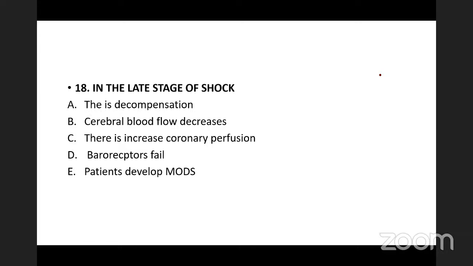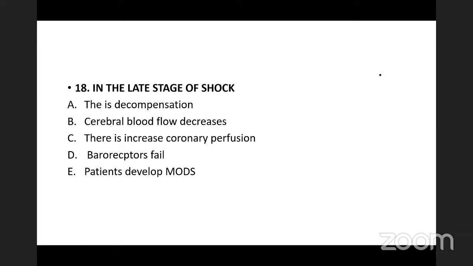You should know that in the stage of decompensation, even the mechanism that protects the vital organs, the brain and the heart, is lost. So they have decreased blood flow to the CNS. After that, the CNS will malfunction, and the heart will also malfunction.